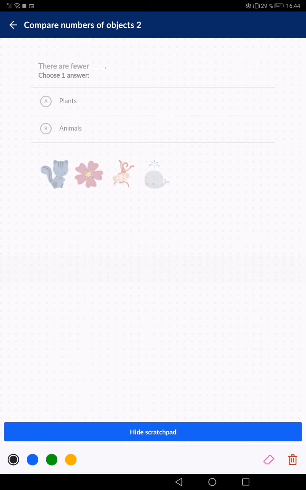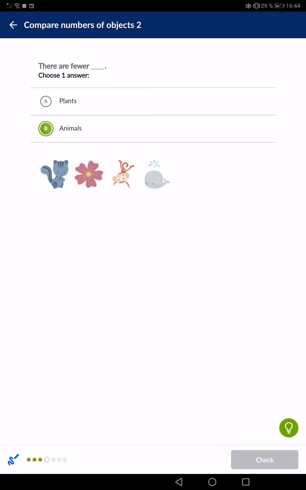There are fewer, what are there fewer, plants or animals? Well, I only see one plant, and I see 1, 2, 3 animals. So there are fewer plants.